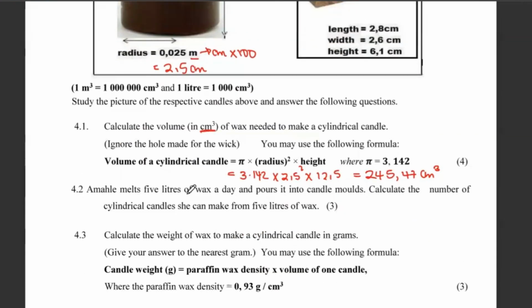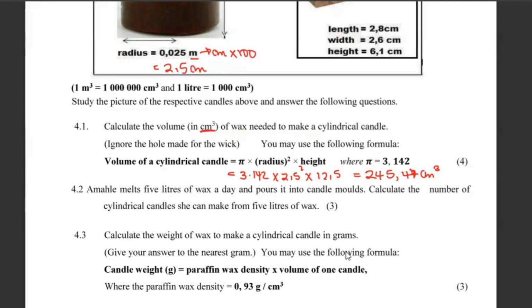Namasha melts 5 liters of wax a day and pours into the candle molds. Calculate the number of cylindrical candles she makes from 5 liters of wax. Now, we've just seen that only one candle takes 245,47 centimeters cubed.